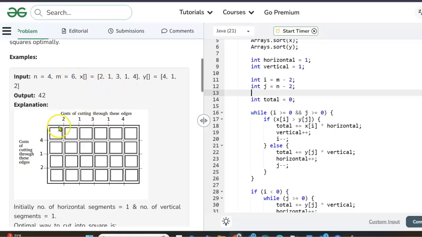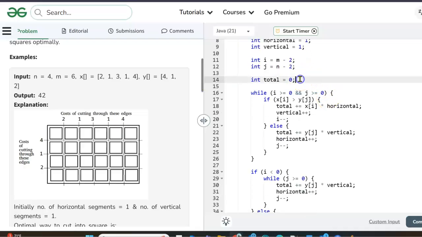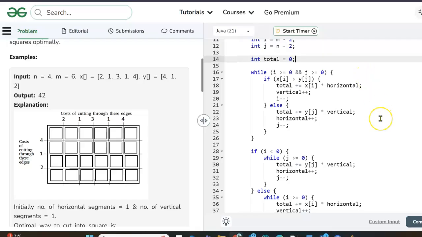That's the horizontal dimension of the board. But the size of the array is 5, so the biggest index is 4. To get to the biggest index, it's m minus 2. Same thing here, n minus 2. Total, initialize it to 0.